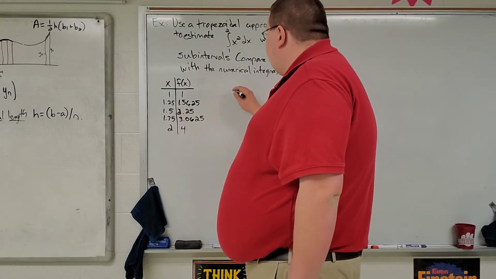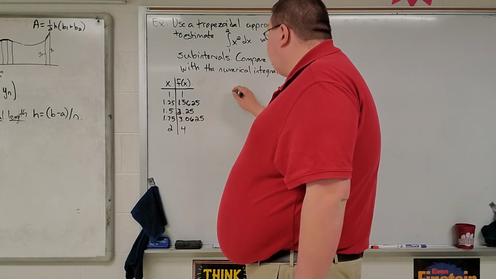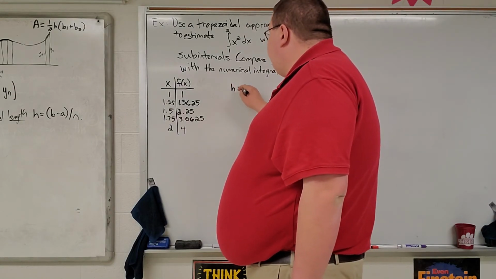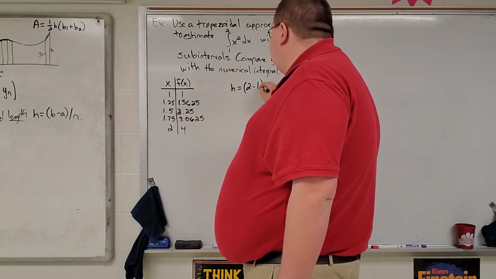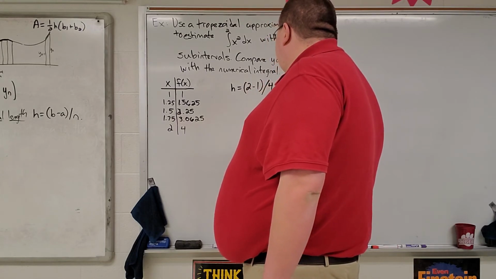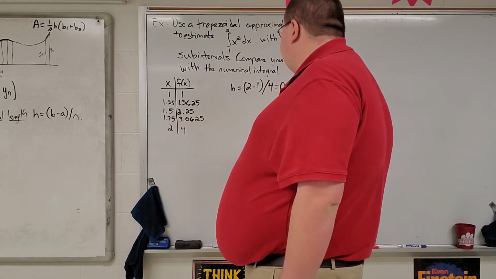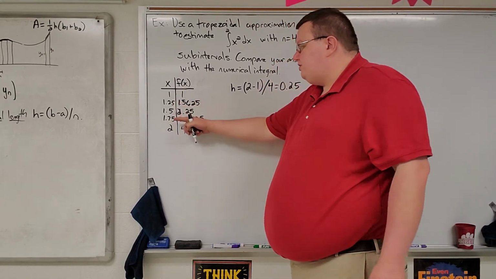So you'll take your h value, which we found by doing 2 minus 1 divided by 4, was 0.25. That's what I have to add to get to each one of my x values.